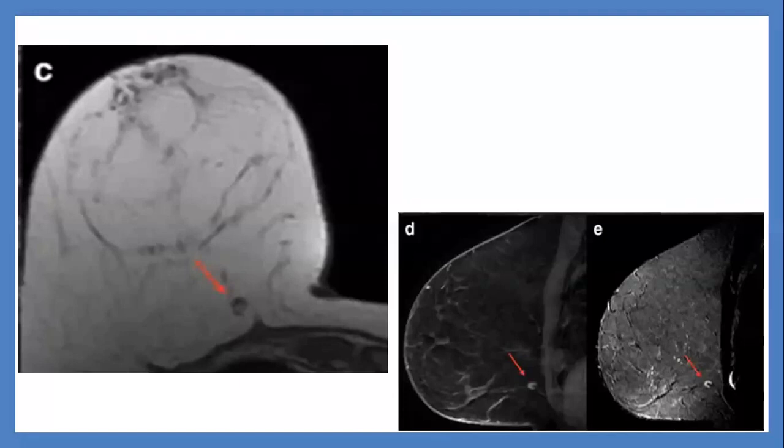The kinetic curves, the time intensity curves of a lymph node. As I remember, it's not necessarily a type 1 curve. It can even show type 3, early washout. Excellent. A normal lymph node can demonstrate washout curves.